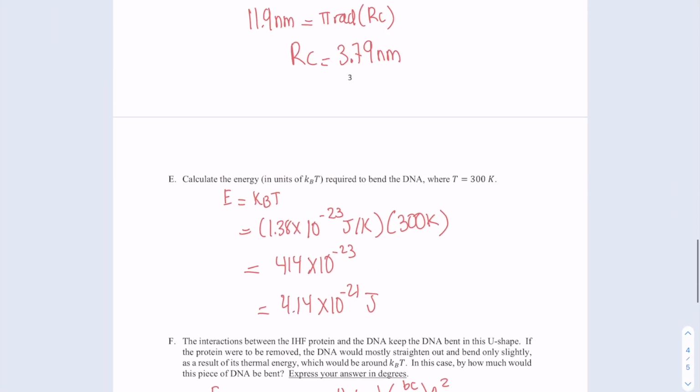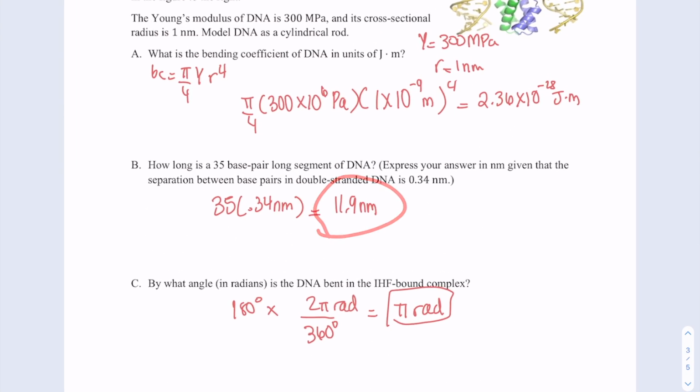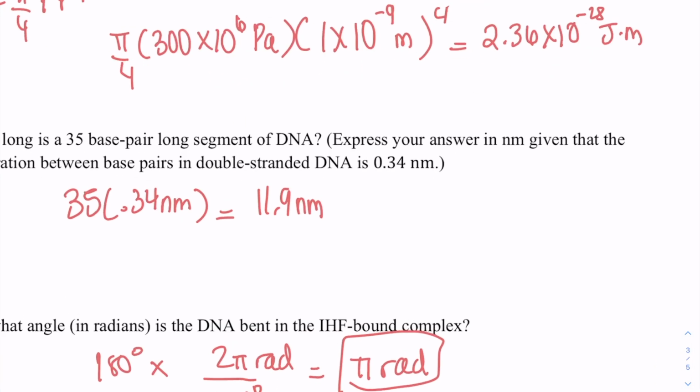So that is the length of the DNA. That's 11.9 nanometers, and so if you do 11.9 times 10 to the negative 9, well, 1 nanometer is equal to 10 to the negative 9 meters. So I just do it like this.